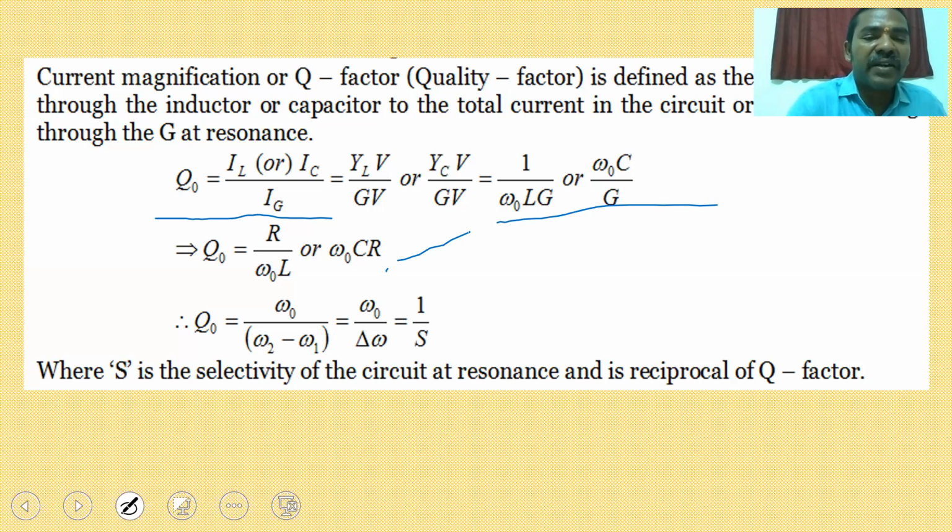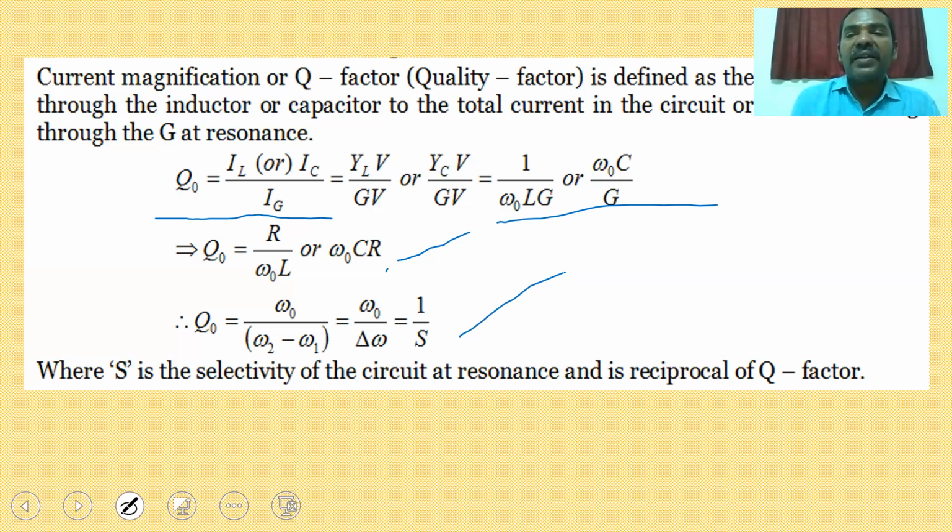Then the quality factor is equal to omega naught divided by bandwidth. So that is equal to 1 by S, where S is the selectivity of the circuit. Remember once again, bandwidth is omega 2 minus omega 1. Omega naught is 1 by root LC.